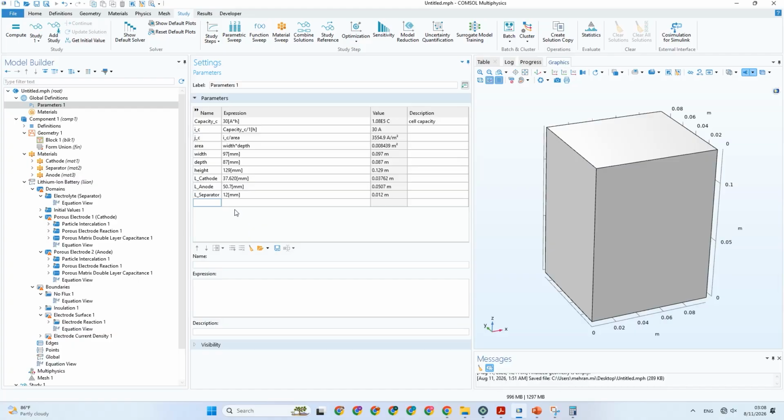L tot is L cathode plus L anode plus L separator.